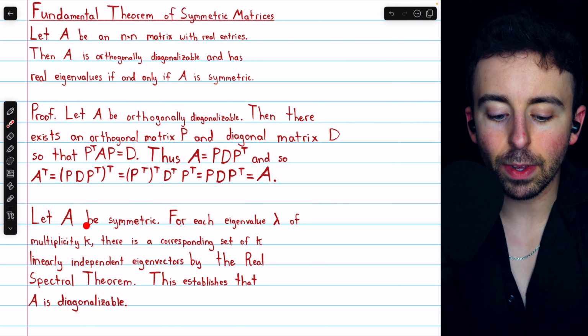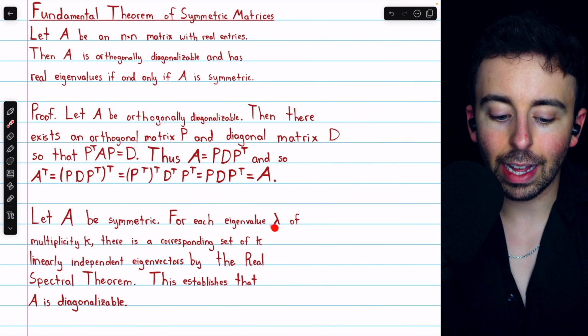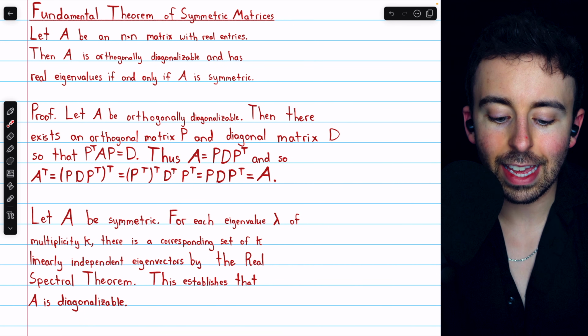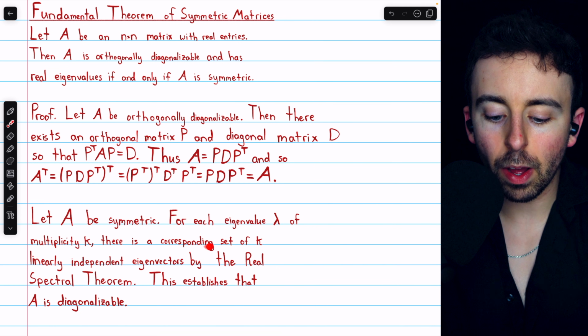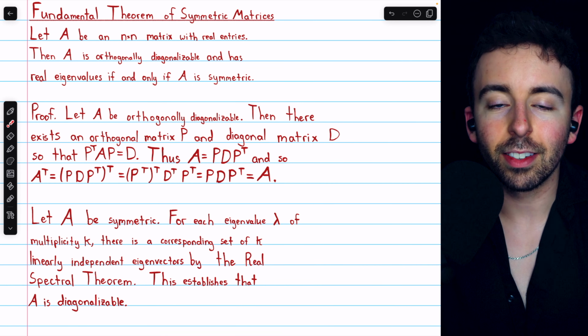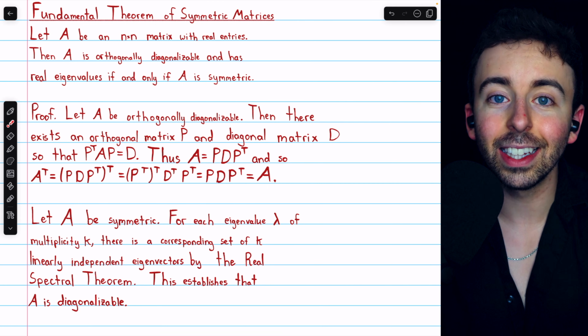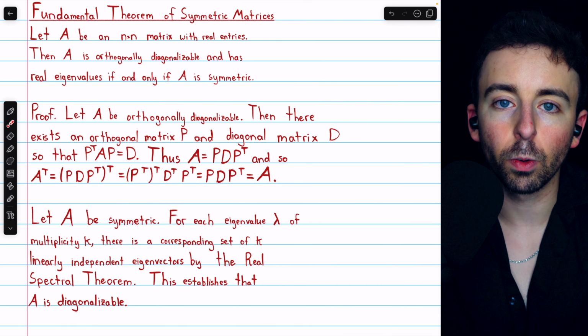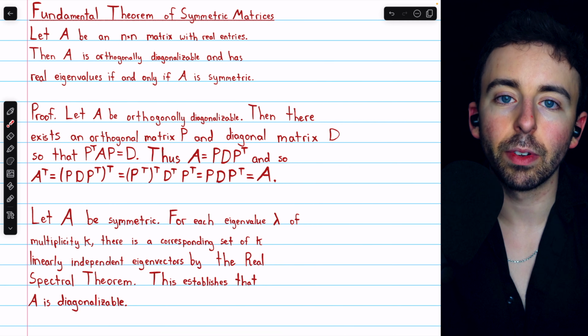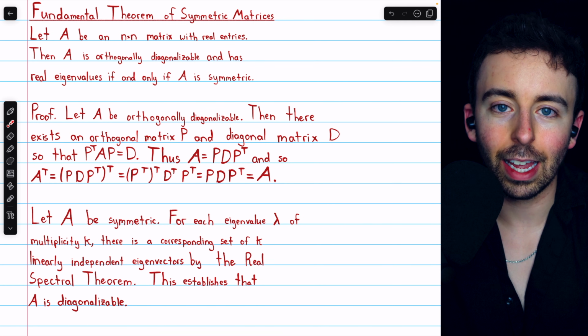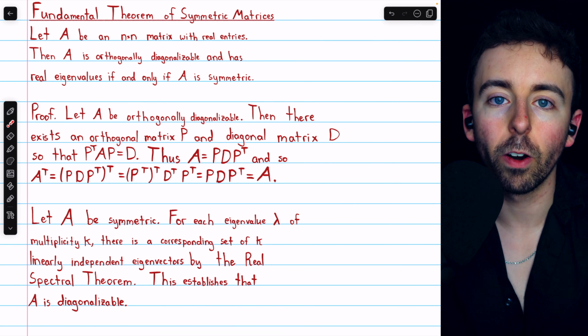So let A be symmetric. For each eigenvalue, lambda, of multiplicity k, we know there is a corresponding set of k linearly independent eigenvectors by the real spectral theorem. This guarantees us that an n by n symmetric matrix has n linearly independent eigenvectors total. For each eigenvalue lambda, its geometric and algebraic multiplicities are equal.